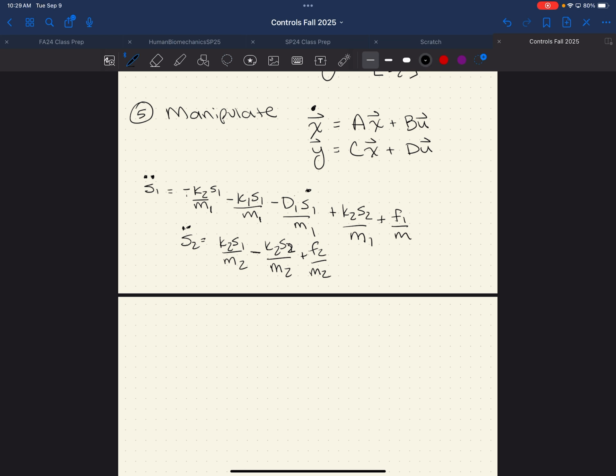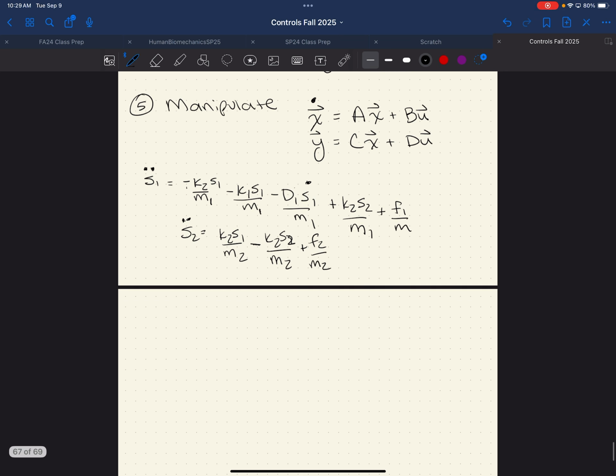Okay, I'm gonna help you set up most of this, and then I'm gonna have you fill in what are the values within the matrices. So let's fill in x dot. We said x dot was S1 dot, S1 double dot, S2 dot, S2 double dot. That's this thing here.